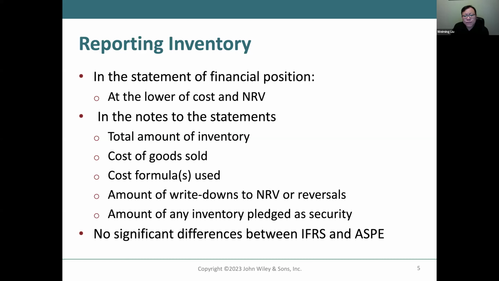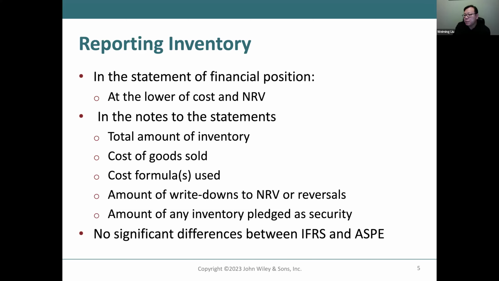On the statement of financial position, which is also the balance sheet, you report inventory at the lower of cost and net realizable value. In the notes to the statements, you want to tell them the total amount of inventory and the cost of goods sold.